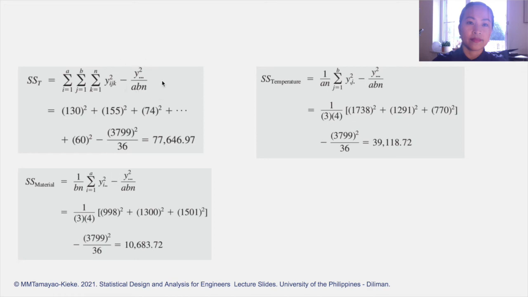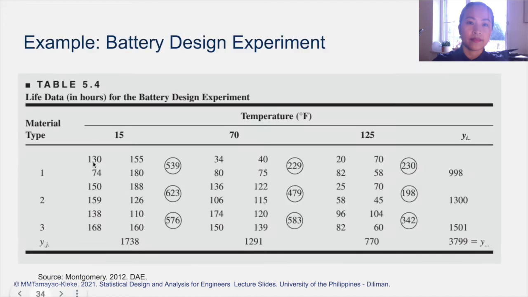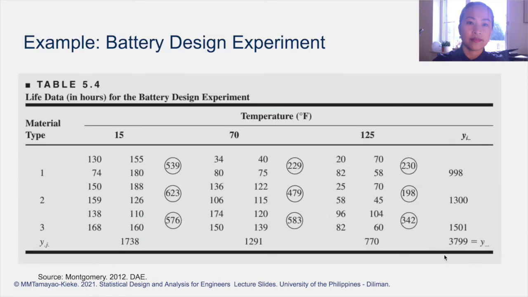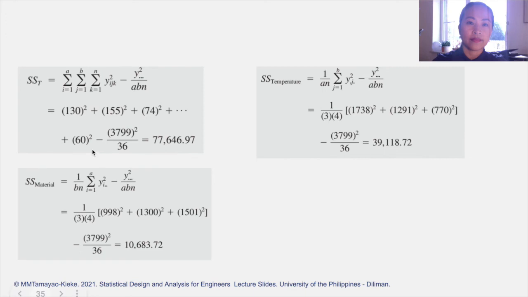If we go back to the table, that would be 130 squared plus 155 squared plus 74 squared, etc., minus the grand total squared, which is 3799. We square that, divided by 3 times 3 times 4, so that's 36. And if we compute that, we get SS total equal to 77,646.97.